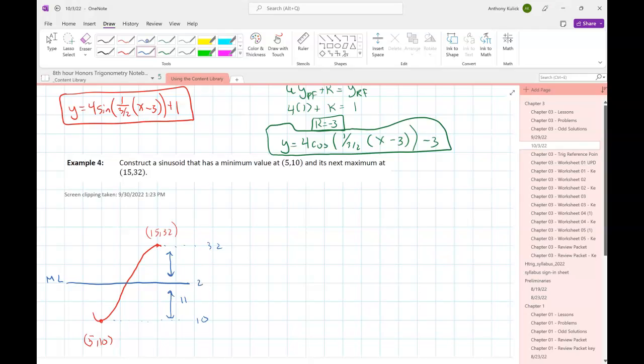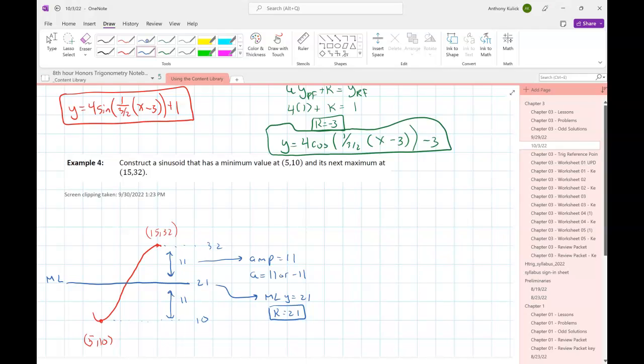It's 11 units up, right? To the middle, and then another 11 units up to the top. You guys see that? So what did I just figure out there? Yeah, the amplitude is 11. And then the k is 21.